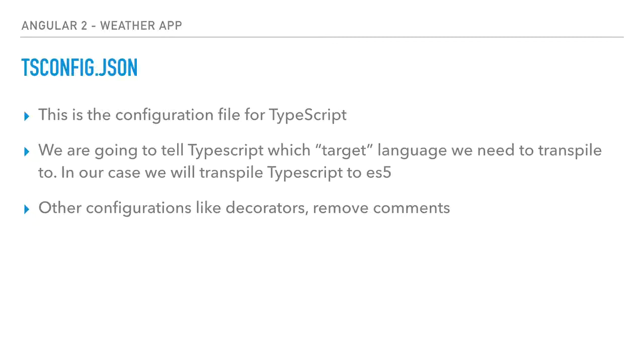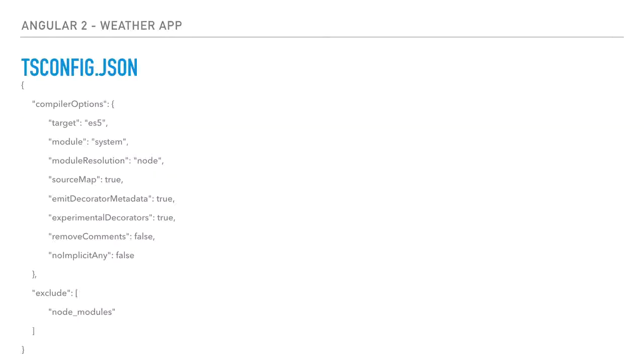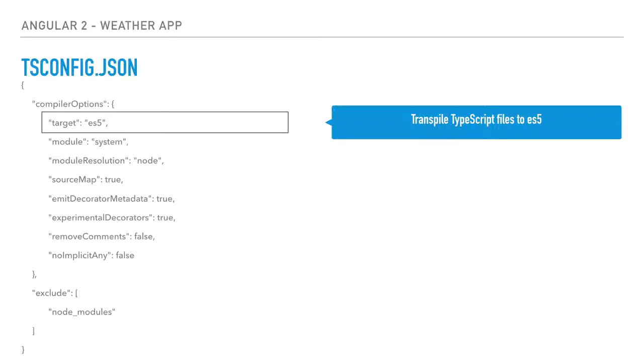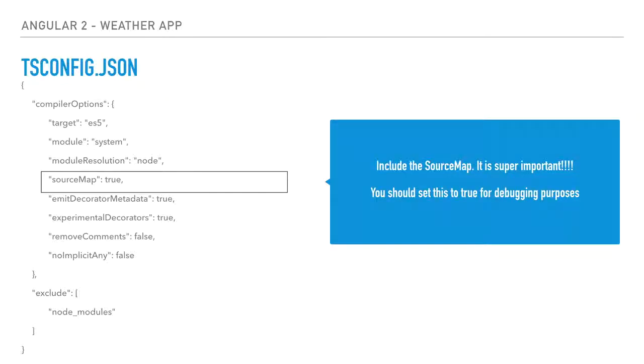So let's take a look at the tsconfig.json. It should look like this. As you can see, the first property that we have to configure is the target. We are telling here that it should transpile to ES5. This one is super important. We have to tell TypeScript that we want to generate the source map.